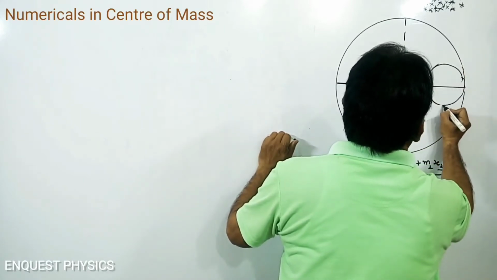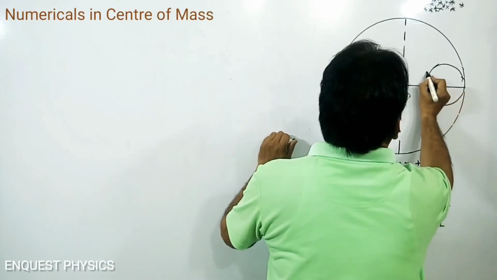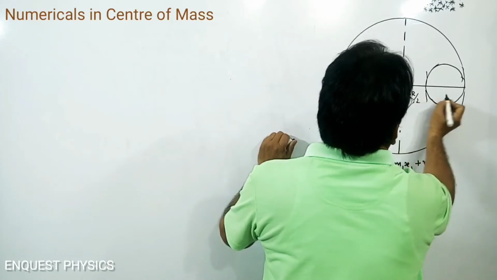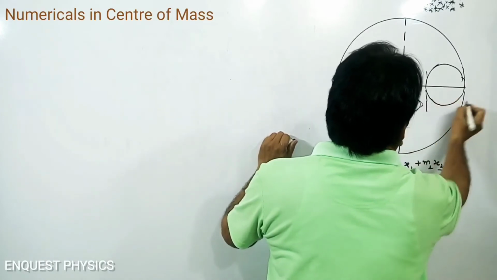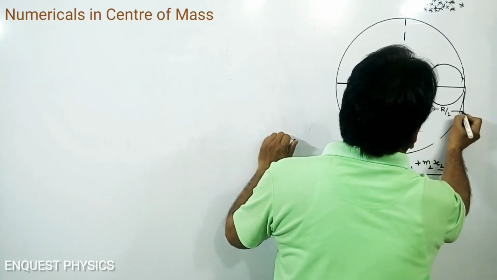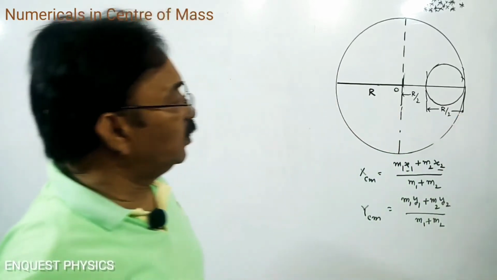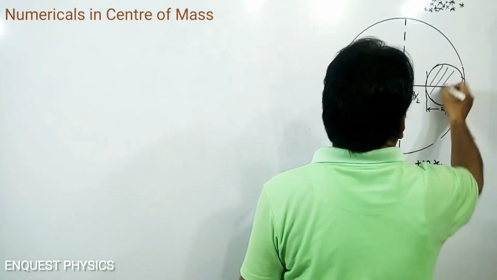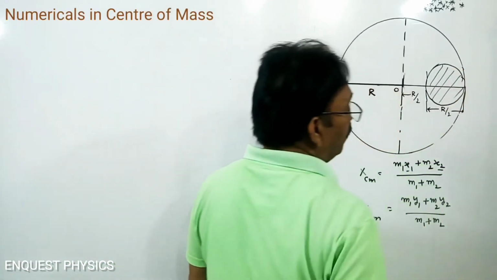Here it is r by 2 and this entire length is also r by 2. Maybe the diagram is not well drawn. Okay students, this portion we are removing. How will the center of mass change?